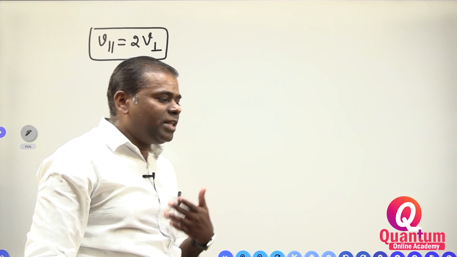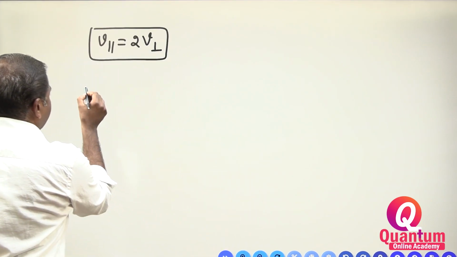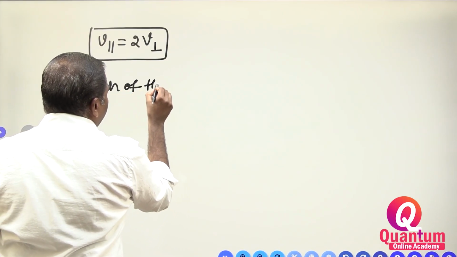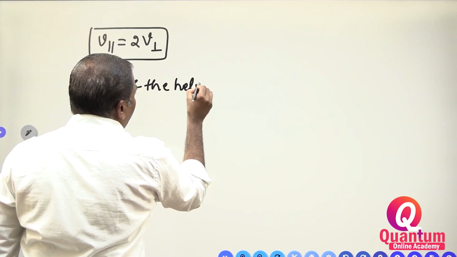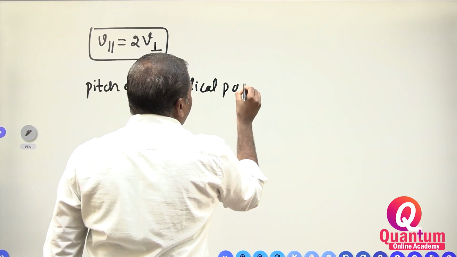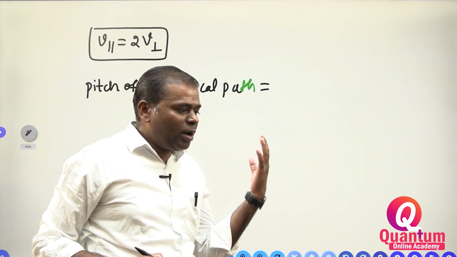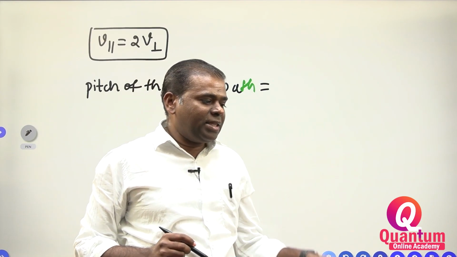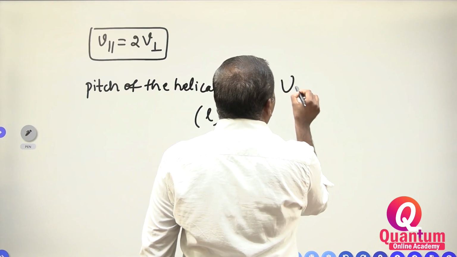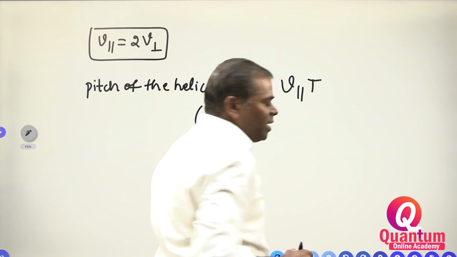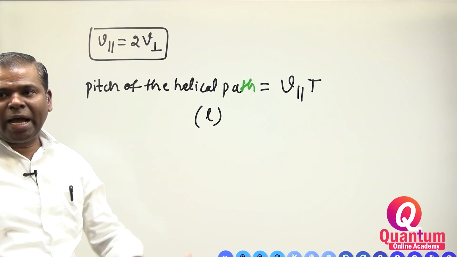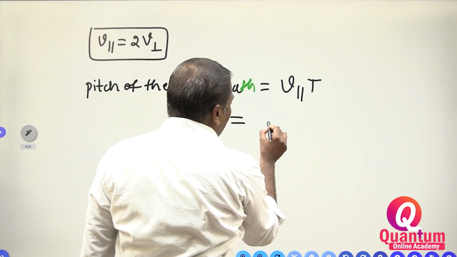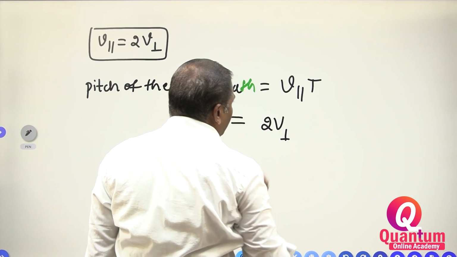What is the pitch of the helical path? There is a formula. The pitch of the helical path L is equal to V parallel into time period T. V parallel is equal to 2 into V perpendicular.